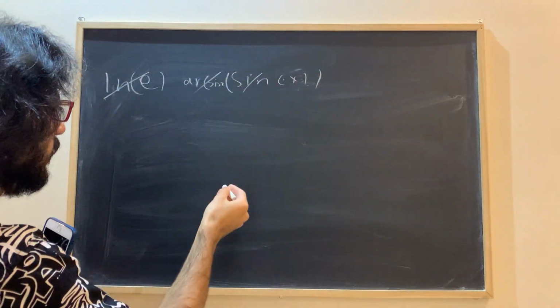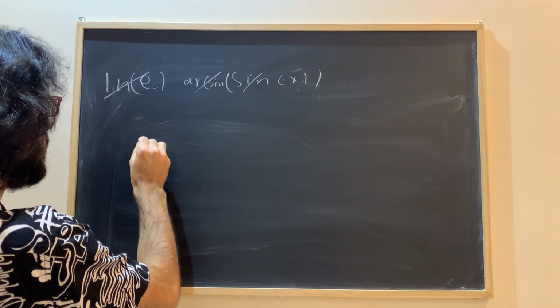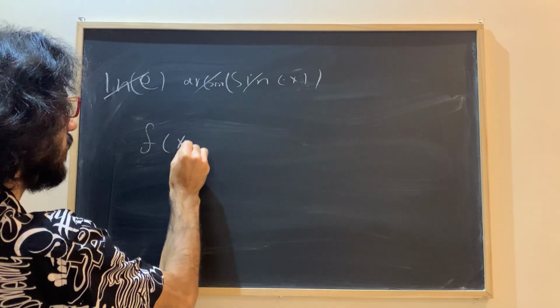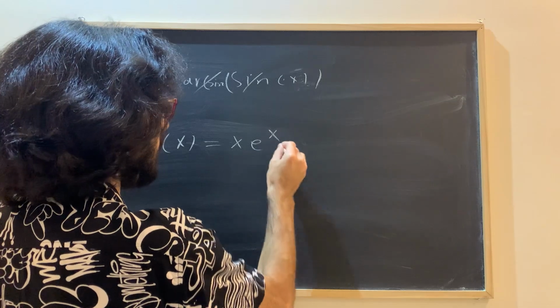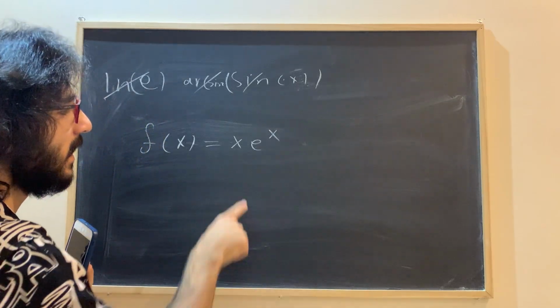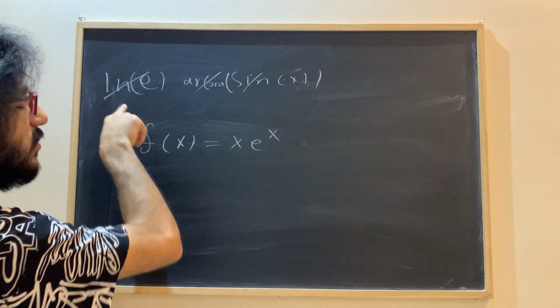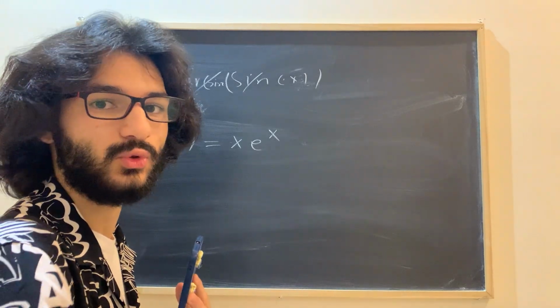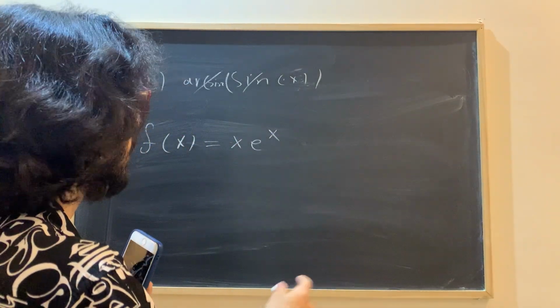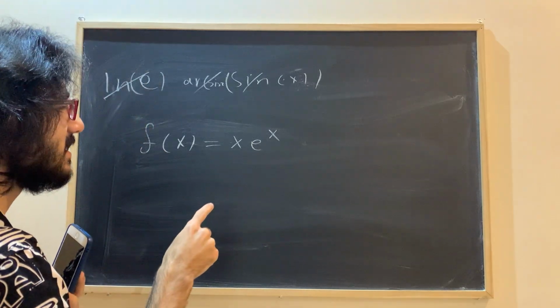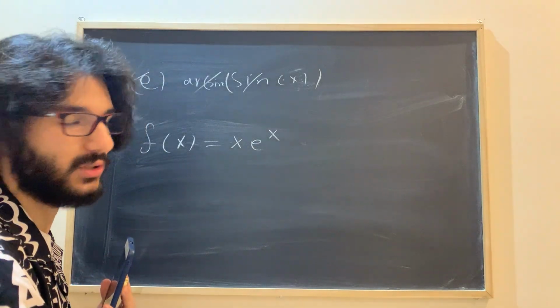So the W Lambert function is, let's define f of x equals x e to the x. We can't just use the natural logarithm to isolate e or somehow drop down x. But what we can do is use the W Lambert function.